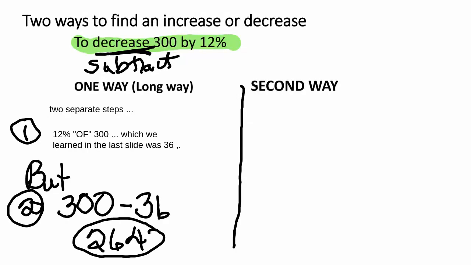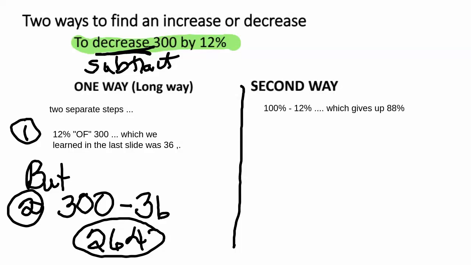Now, the same philosophy. Okay. Now, we are still going to decrease by 12%, but we are starting with 100% and subtracting 12%, which gives us 88%.